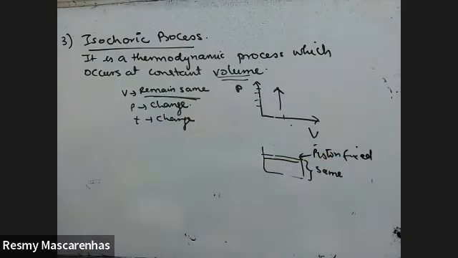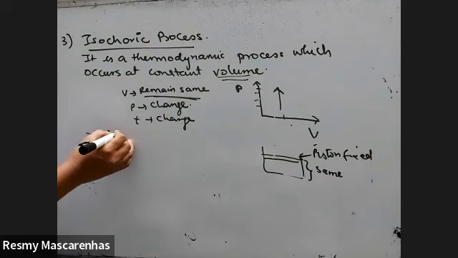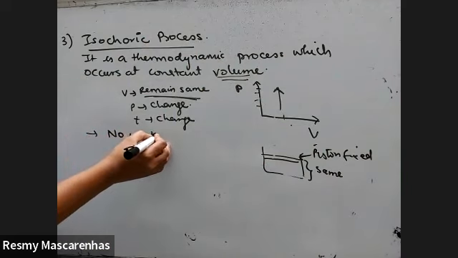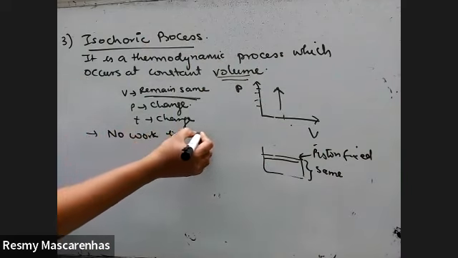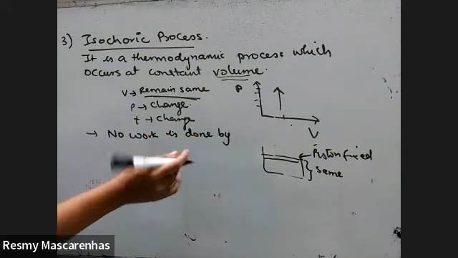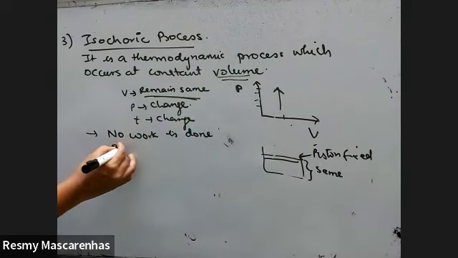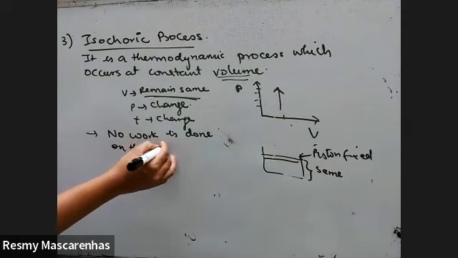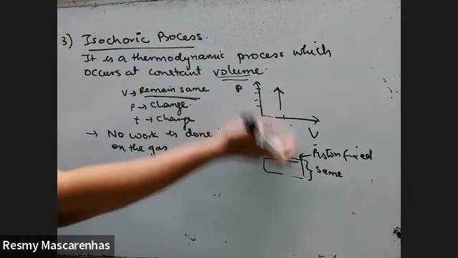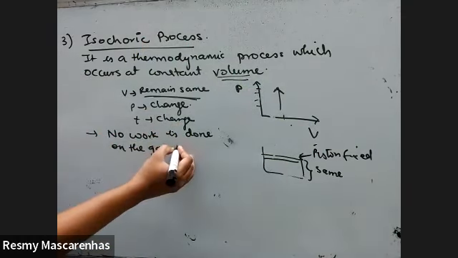Piston does not move, so piston is not moving means there is no work. No work is done on the gas, nor is the gas doing any work on the piston.